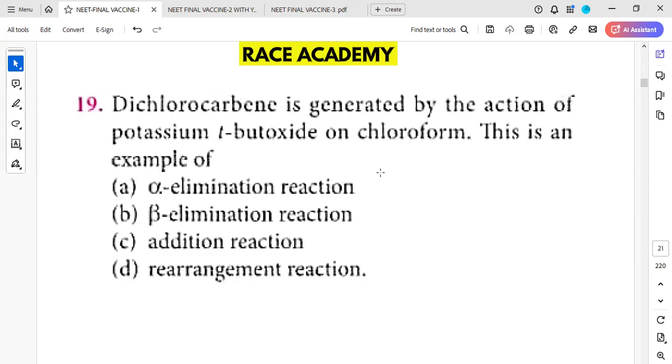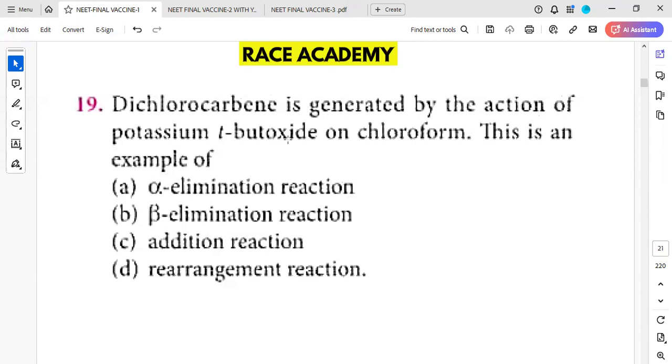Next, 19th question. Dichlorocarbene is generated by the action of potassium tertiary butoxide on chloroform. Usually whenever potassium butoxide and chloroform are given like this, dichlorocarbene is generated. Actually, this is called an alpha elimination reaction, in which both hydrogen and chlorine are lost from the same carbon.